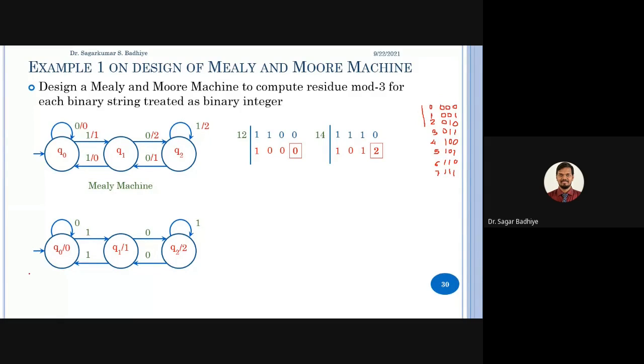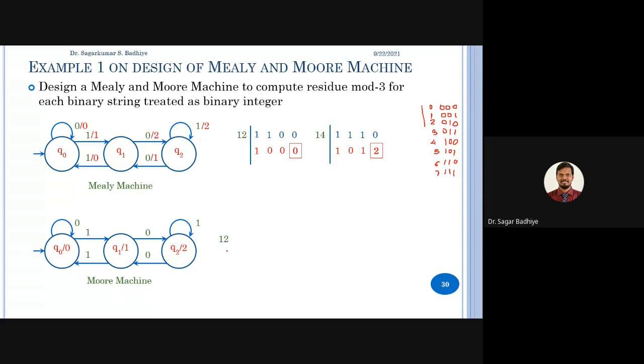So 3 states were used to represent 3 outputs, and thus we have added 3 outputs on the same states. The logic for designing the machine is same. The only thing is how we add the output mapping. So here Q0 was representing state with 0 output, Q1 was representing state with 1 output, same for Q2. Okay, so this is a Moore machine because now the output is on state.